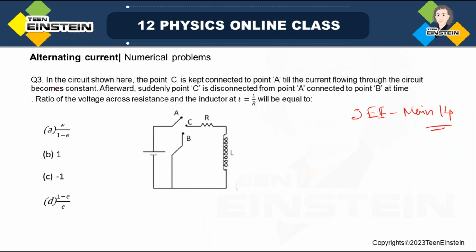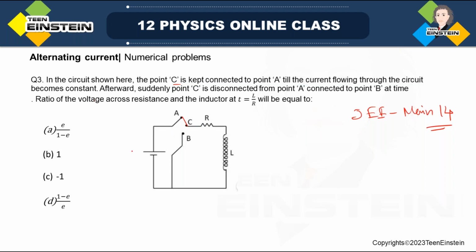In this question, what is given? In the circuit shown here, the point C is kept connected to point A till the current flowing through the circuit becomes constant. Similar problem actually.